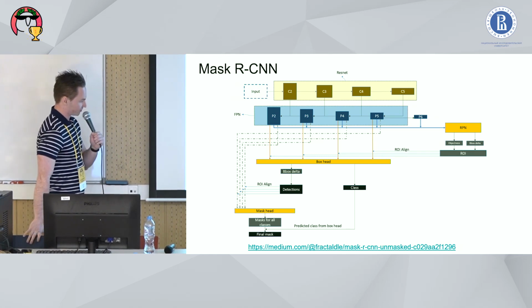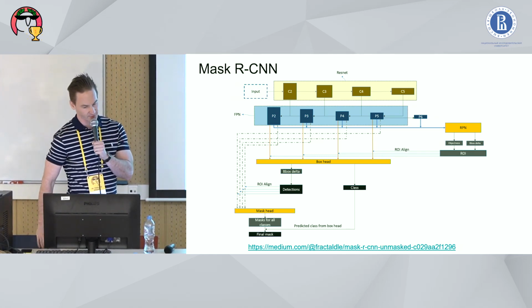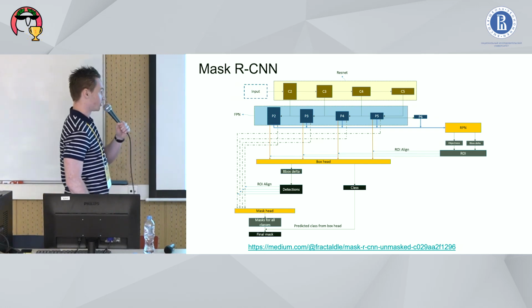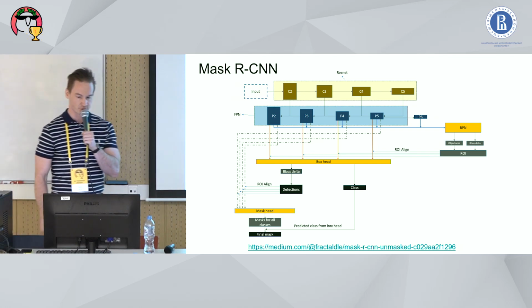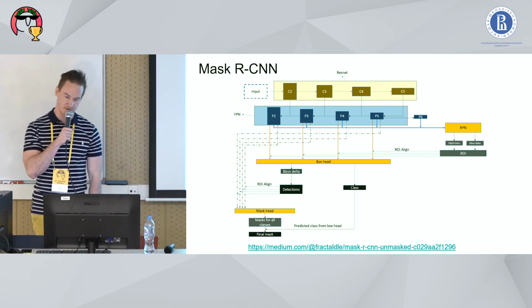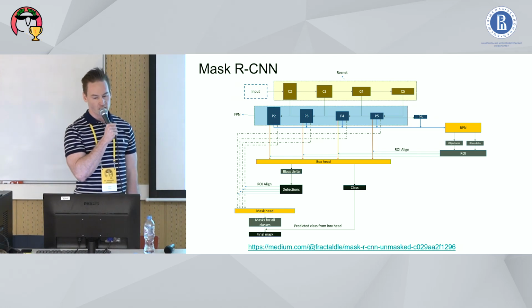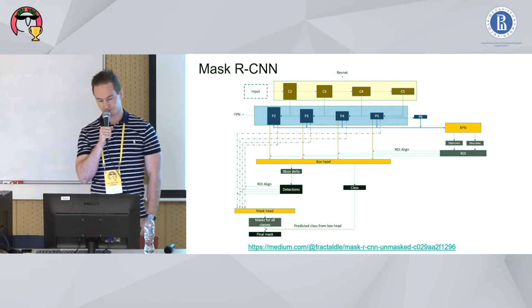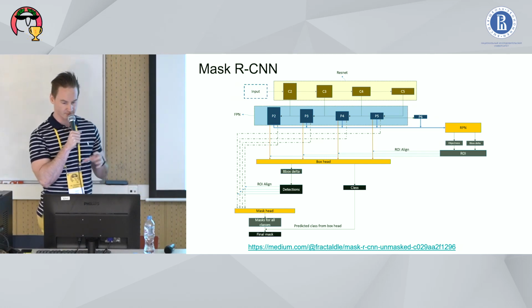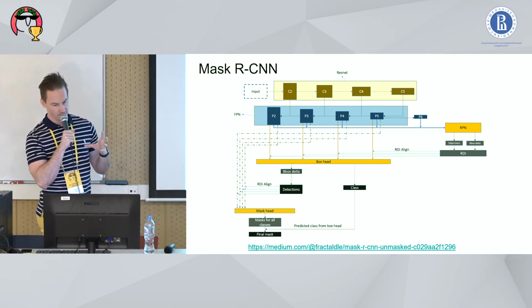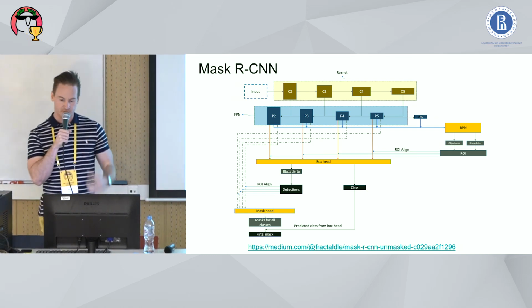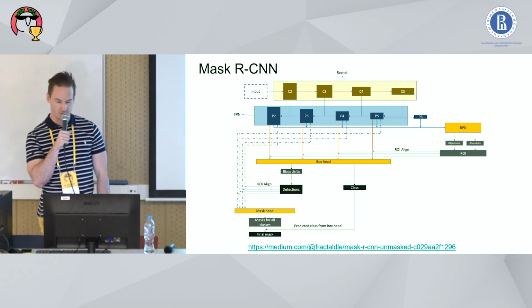About Mask RCNN, there is a lot of work and a lot of words you can find on the internet. So, just a quick overview of this architecture. You have some kind of backbone. It's ResNet, ResNeXt, DenseNet, whatever. You just take the bottleneck from these backbones, and using a feature pyramid network, you create a multi-scale pipe of the features. And then using a region proposal network, you have some kind of proposals for objects.